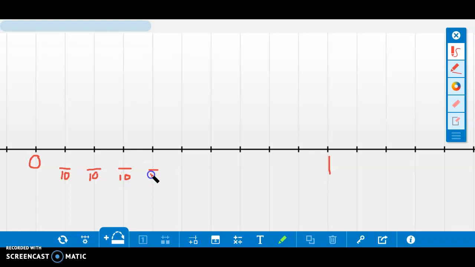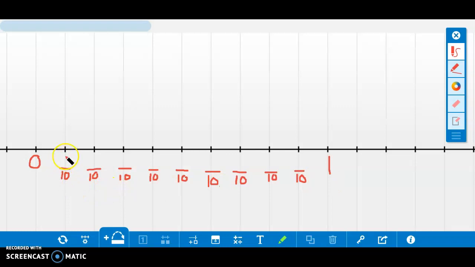So I'm going to write fractions. Now for all these fractions, I'm writing with a denominator, the number on the bottom, a denominator of 10, because there are 10 pieces that make up my whole. Because there are 1, 2, 3, 4, 5, 6, 7, 8, 9, 10 pieces that make up this 1.